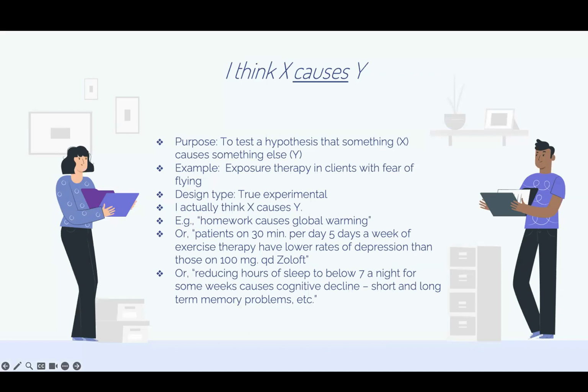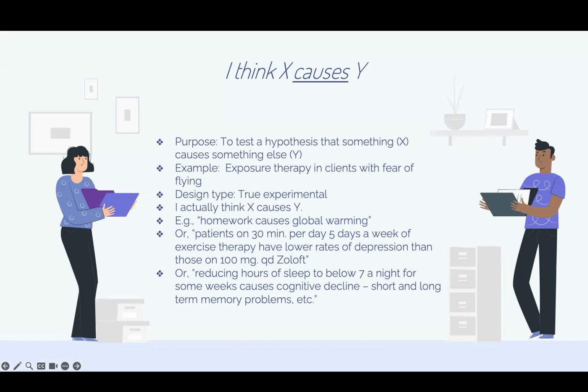This is a scenario where we hypothesize that the therapy X causes a reduction in fear Y. When we speak of design type, we often refer to true experimental design as a gold standard for establishing causality. This type of design allows us to confidently demonstrate that X causes Y.